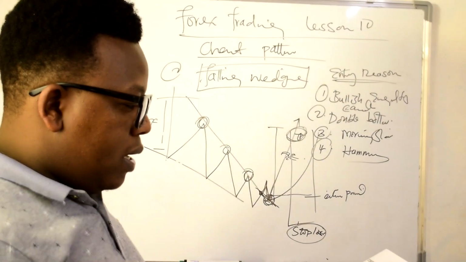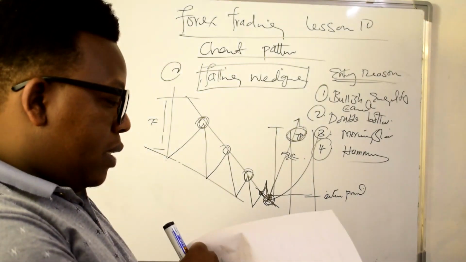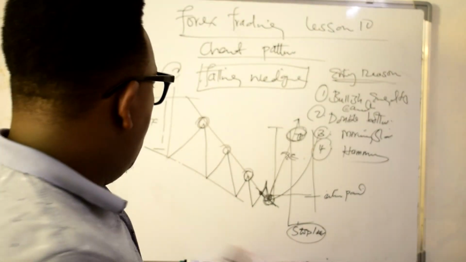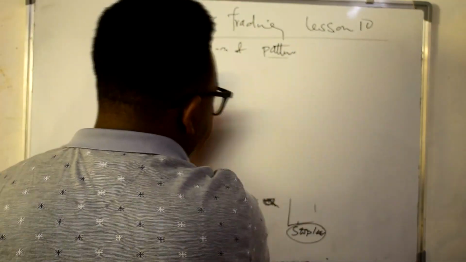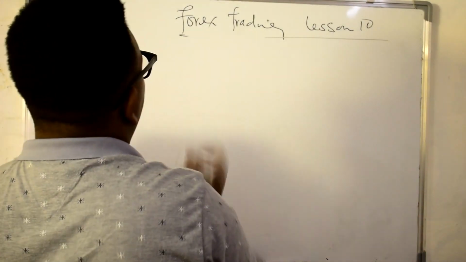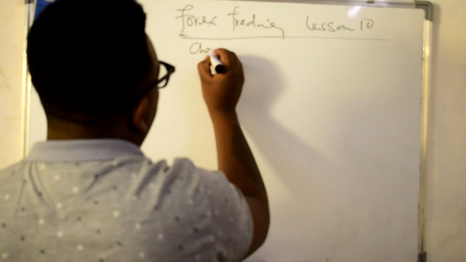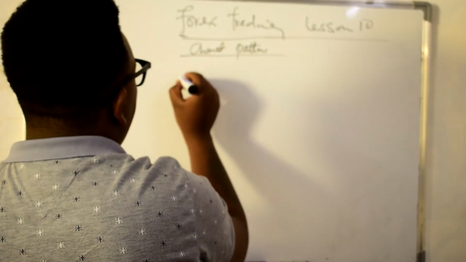So basically, let me just highlight other important chart patterns that you can get also to look into. So we have these, we normally call it the rectangle. These are when the market is somehow consolidating. We have the rectangle.